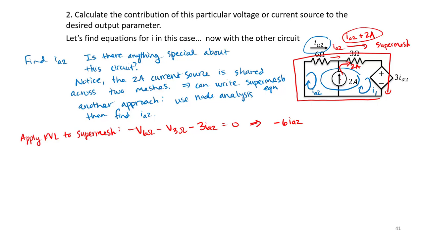Here I determine that my voltage drop across that 3 ohm resistor must be minus 3 ohms times IA2 plus that 2 amps. And then I finally have another minus 3 IA2, and everybody sums to 0.